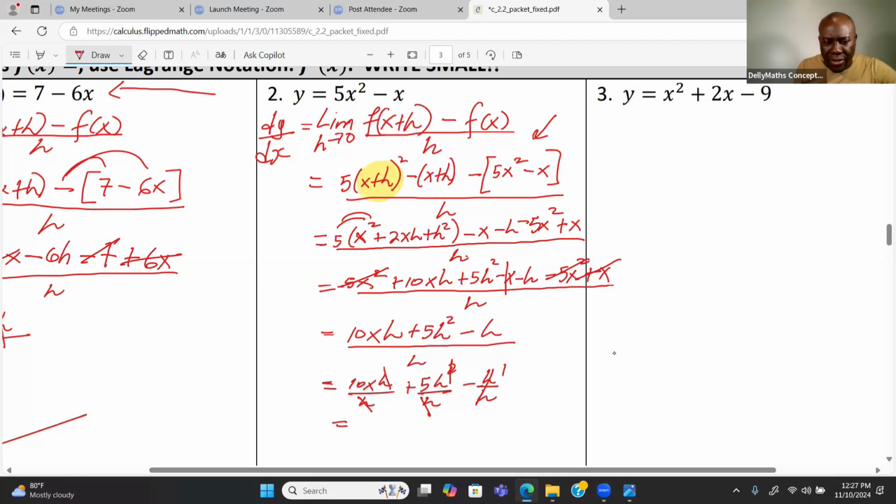So what I'm left with is 10x plus 5h minus 1. What we want to keep in mind is that, remember, h is tending to 0. So technically, what I'm only left with is 10x minus 1. So that is our derivative right here, 10x minus 1.